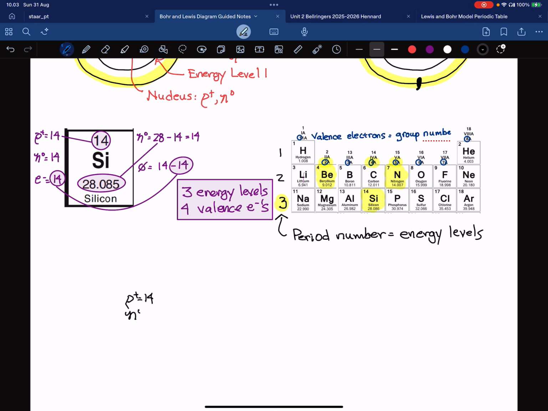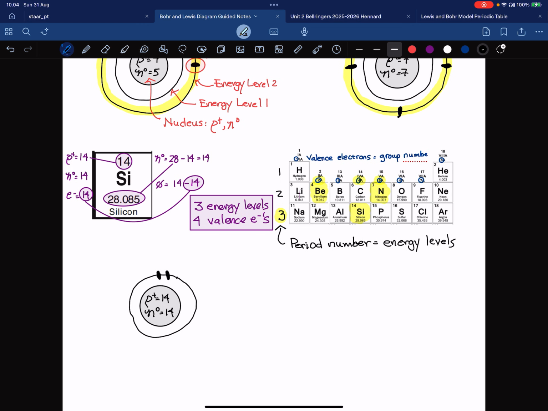The neutrons are 14. And we have 14 electrons to put in there. So the first set is going to go in the first energy level, a total of 2. And they're paired because you can only have 2 in the first energy level, so they have to be paired.